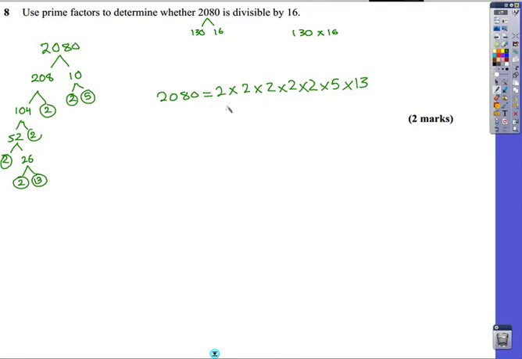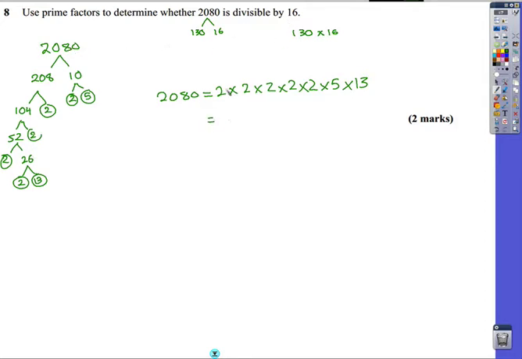Okay, so all of these are a factor of 2080. Of course, 2 is a factor, 5 is a factor, 13 is a factor. And a combination of their product is also a factor of 2080. Since 208 is a factor, 10 is a factor, 104 is a factor, 52 is a factor, 26 is also a factor. Now, is 16 a factor?